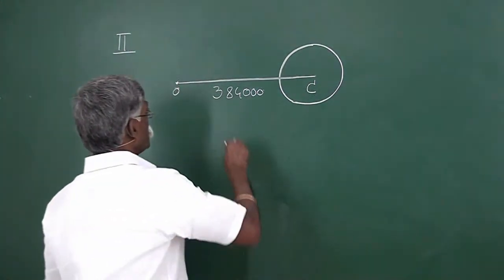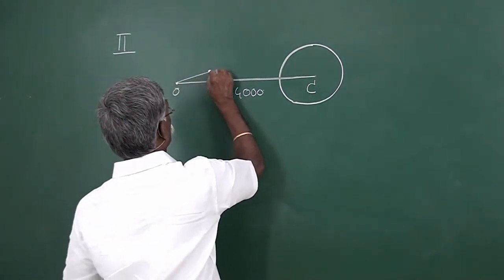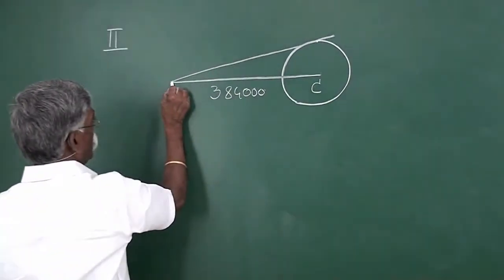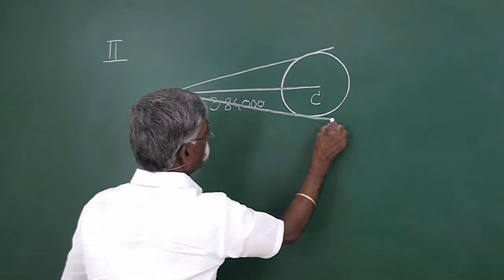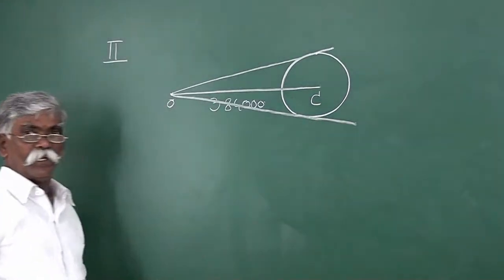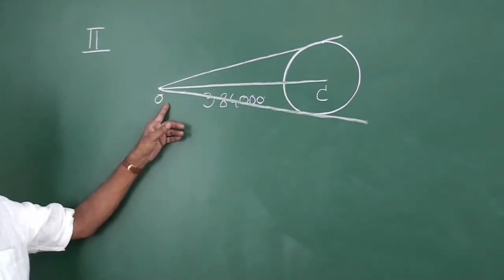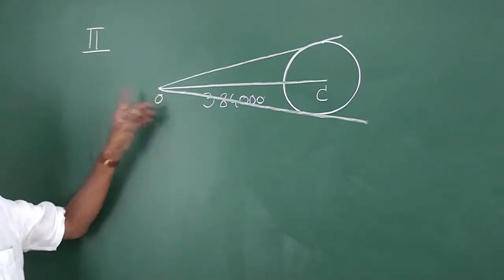And now a tangential cone is constructed so that the vertex of the cone is at the observer.